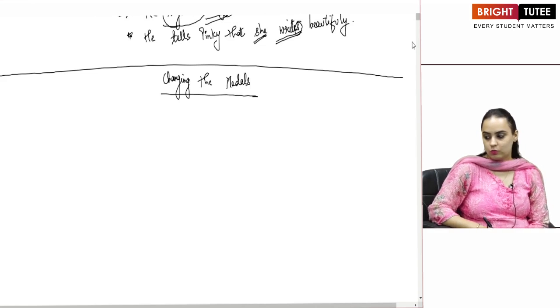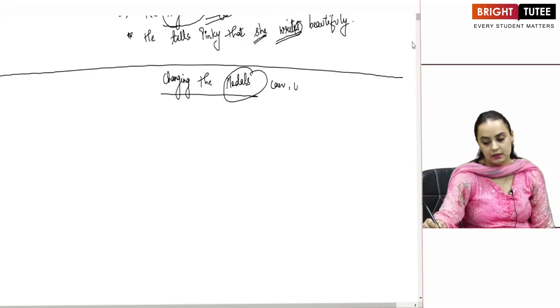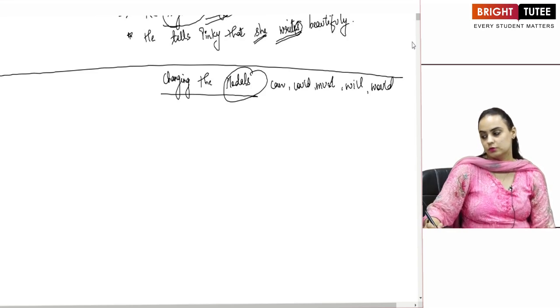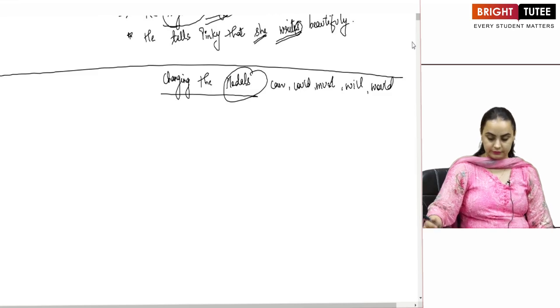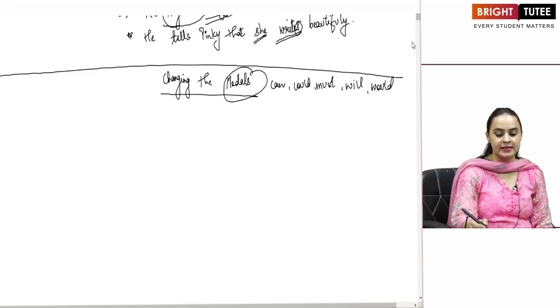We all know what is a modal verb. Words like can, could, must, will, would, and so on and so forth. Now, how do the changes take place?